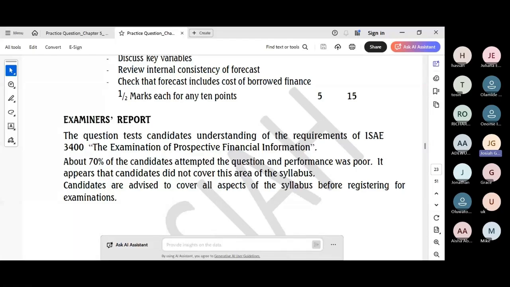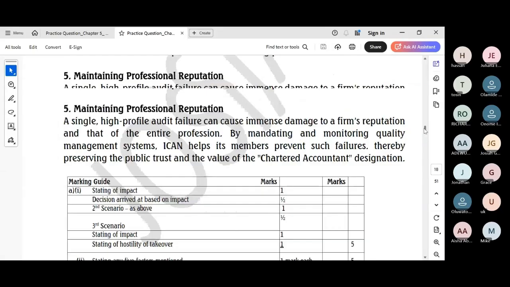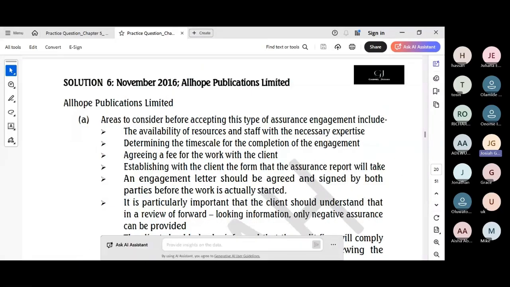Okay, so looking at the answers, let's speak to how to address this kind of answer. So in writing, for part A, the considerations before accepting the engagement, which is 5 marks, you need to focus on the pre-engagement activities of an audit firm.